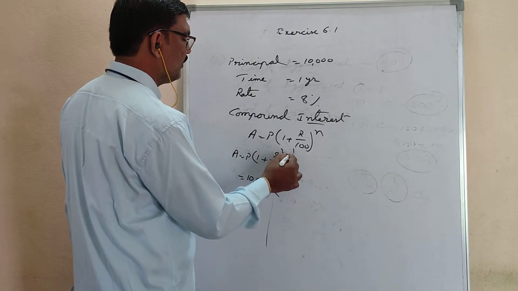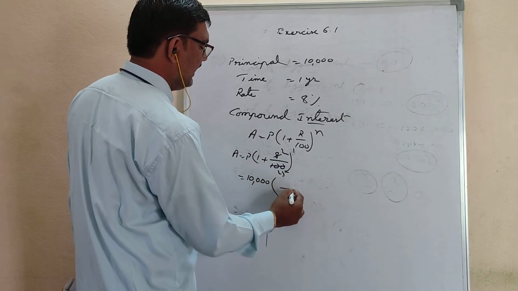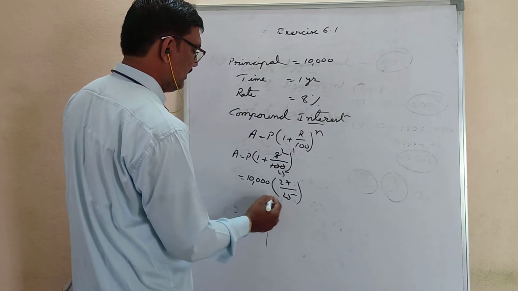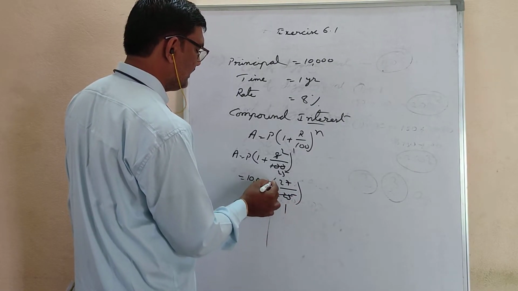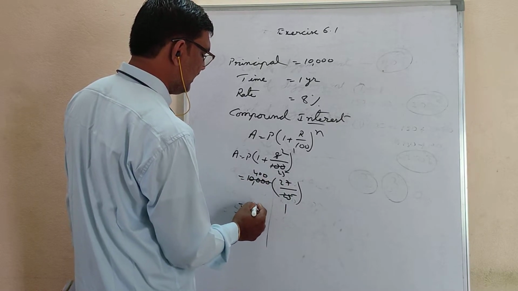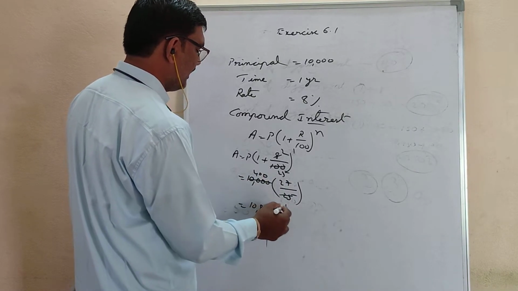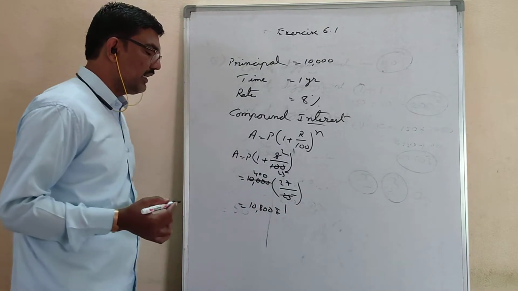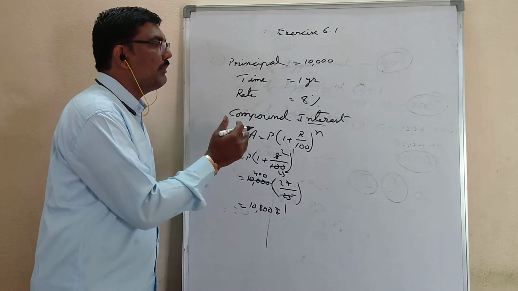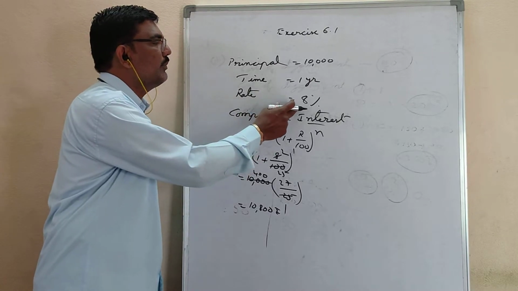8 by 100, 4 2s are 4, 25s are. LCM, I do, 27 by 25 I will get. Again 25 table, 25 ones are 25, 400s are. 27 means 10,800. So what I got is 10,800 rupees. What is this? It is the amount after keeping 1 year at rate of interest 8%.